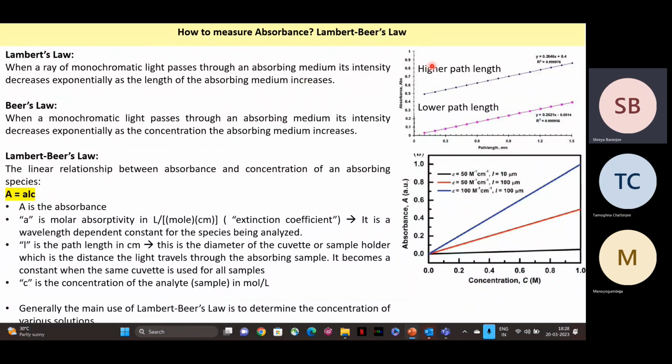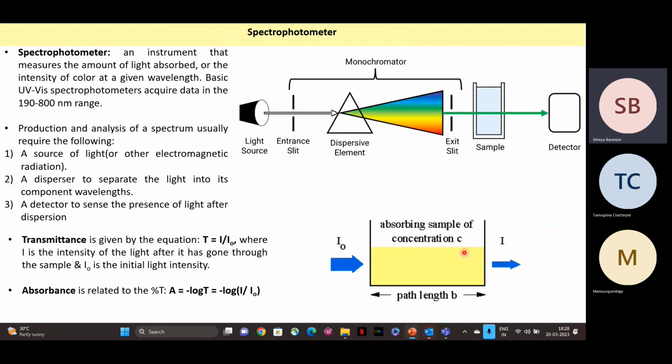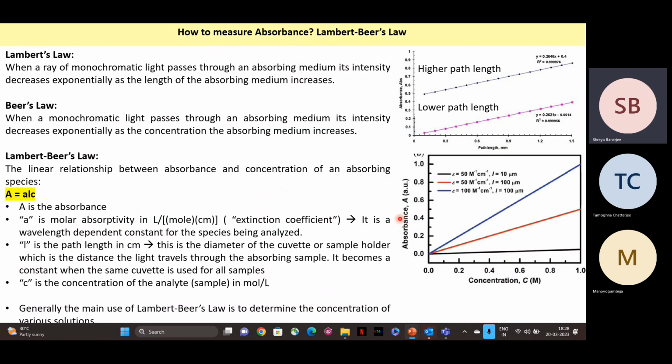So this was the absorbing medium. If the length of this medium increases, then the intensity of the light passing through it will decrease. Here you have a plot of absorbance versus path length. When the path length is lower, which is this lower line, the absorbance value is also low.